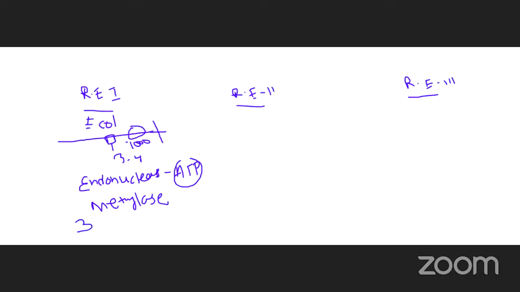The three subunits are HSDR, HSDM, and HSDS. HSDR is required for restriction, to recognize the restriction site. HSDM is necessary for adding the methyl group to the host.